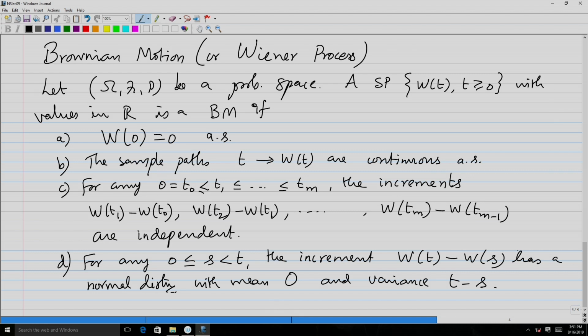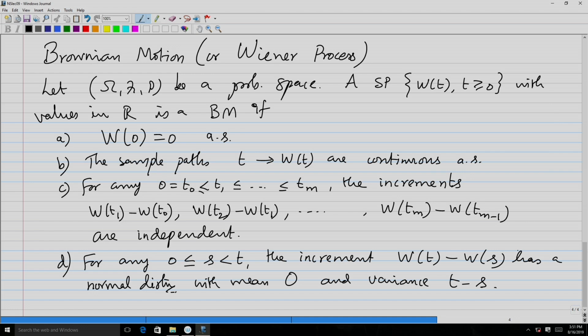So this essentially means that if I take increments in this process, the increments would also be what we call stationary increments. It only depends on the length of the interval, not on where you place the interval s to t. So this is essentially a normal 0, t minus s random variable.